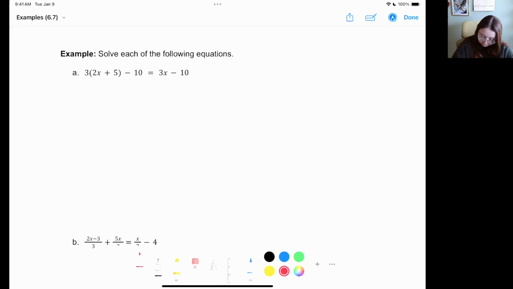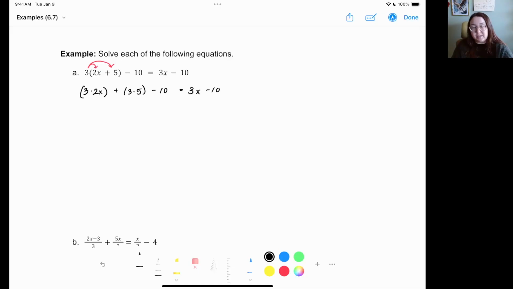So using our distributive property, we have 3 times 2x, so we'll multiply. And then we'll multiply 3 by 5 as well. So we'll get 3 times 2x plus 3 times 5. And then we're still subtracting 10, and this is still equal to 3x - 10. So we'll simplify our answers here.